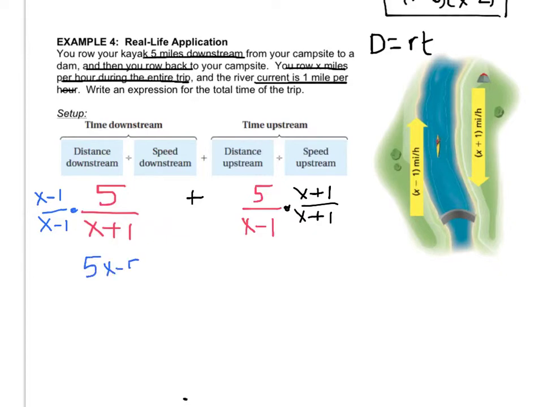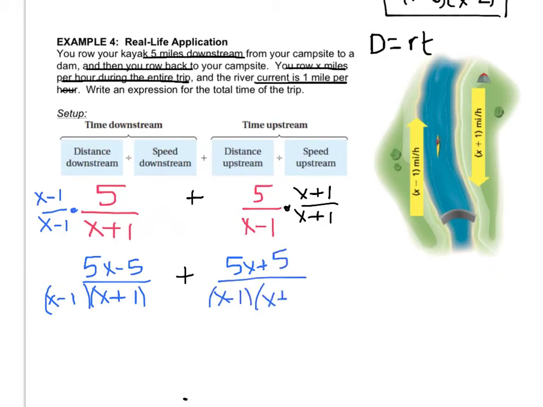So this becomes 5x minus 5 over x plus 1 times x minus 1, plus 5x plus 5 over x minus 1, x plus 1. It doesn't matter whether you write plus 1 first or minus 1 first. So now let's combine.